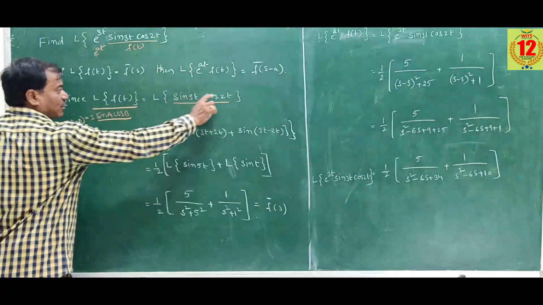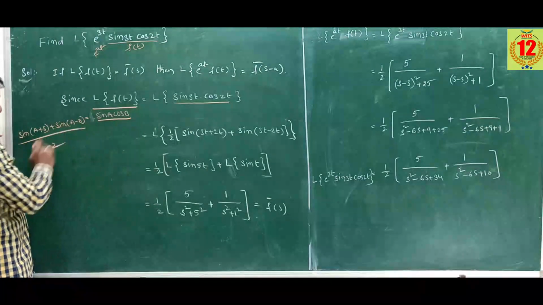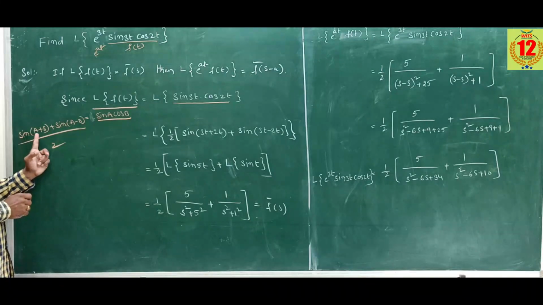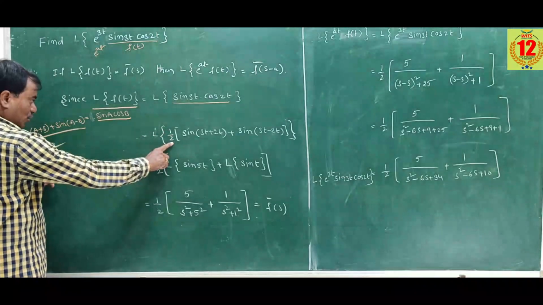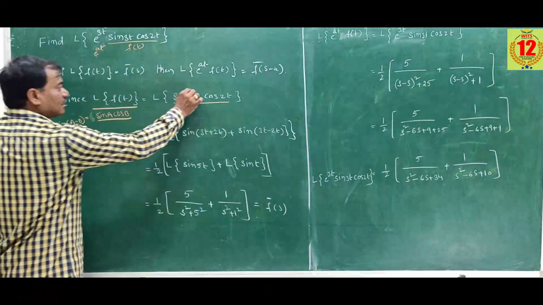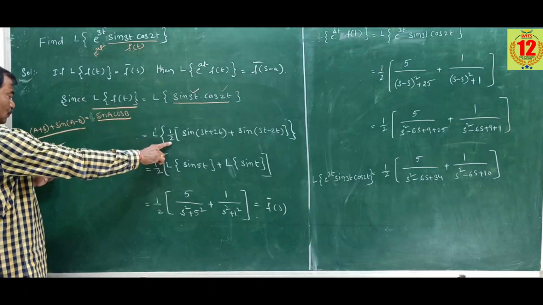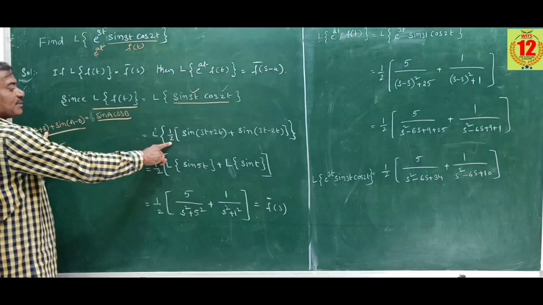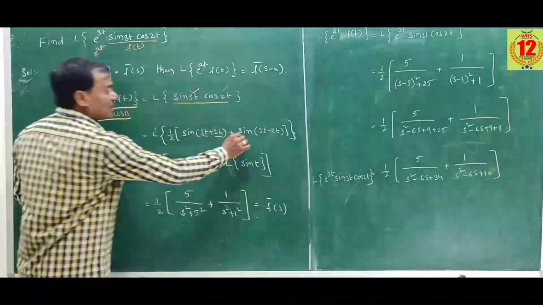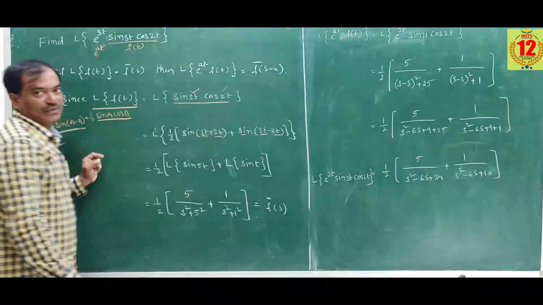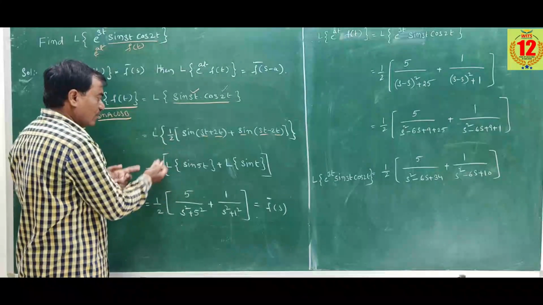Therefore, this 2 shifts to this side, so it becomes 1 by 2 of sin(a plus b) plus sin(a minus b). What is a here? a equal to 3t and b equal to 2t. So this becomes 1 by 2 of sin(3t plus 2t) plus sin(3t minus 2t).